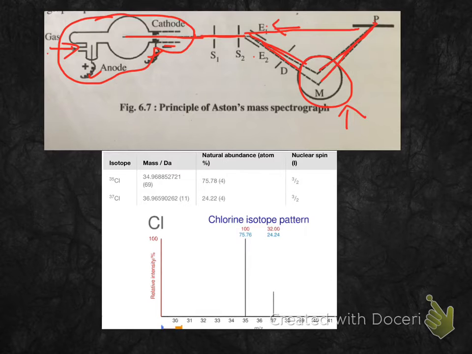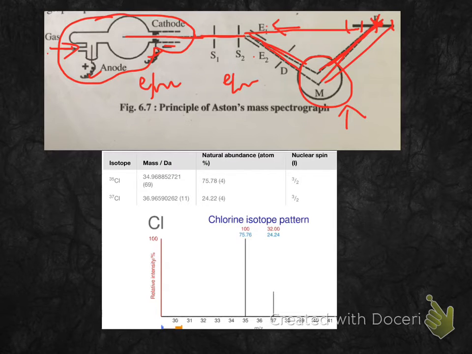So it comes back to the initial plane at a point in the photographic plate. Those ions having same E by M ratio will point towards a single point. If they have different E by M, they will point towards the other point. So, depending on the E by M of the ions, they can fall at different points in the photographic plate.